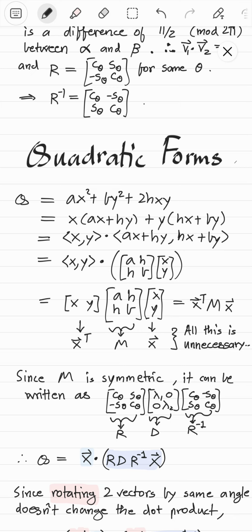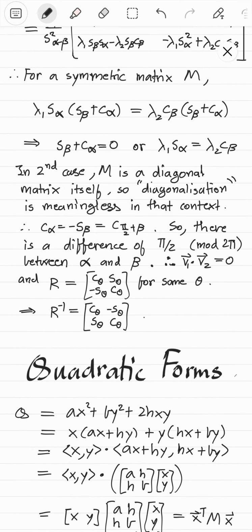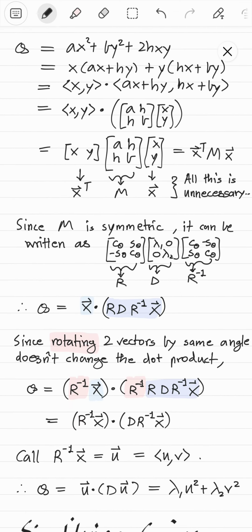Anyway, once you have written it in this form, you can start dealing with this matrix. How can we simplify this, maybe give this some more intuition? First thing, notice that it's a symmetric matrix, which means that what we just learned can be applied here. This can be written as a rotation matrix times a diagonal matrix times another rotation matrix, which is the inverse of the first one.